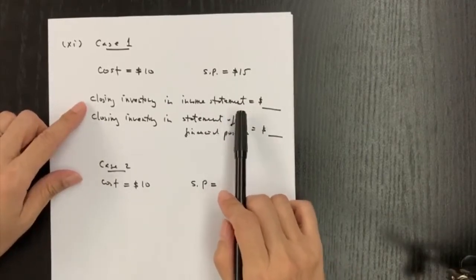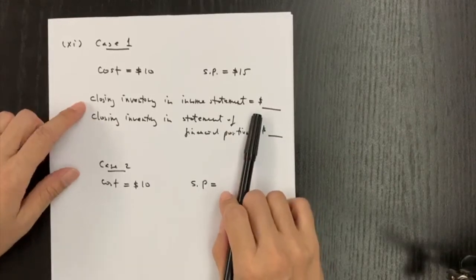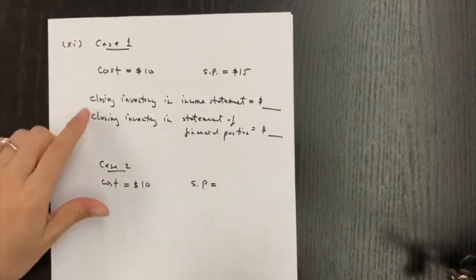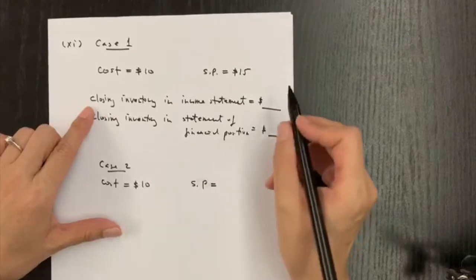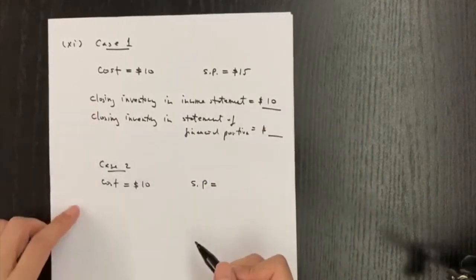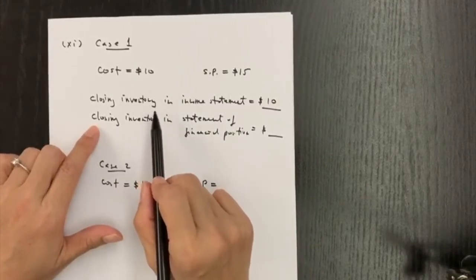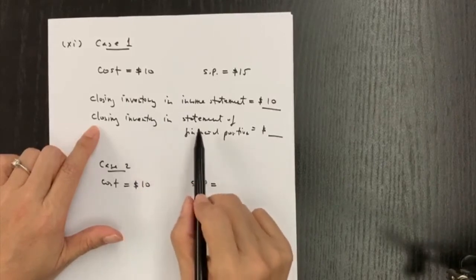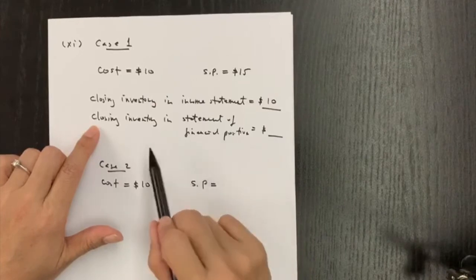So how much should be the value of one bookmark, for example? It should be 10 or 15. What do you think? Inventory in the income statement to calculate cost of goods sold must be valued at cost, so I put 10 here. Also, closing inventory means this is the inventory not yet sold to the customer, so it will also be in the statement of financial position, the balance sheet, as current assets.